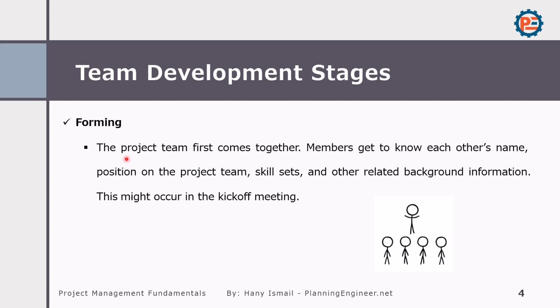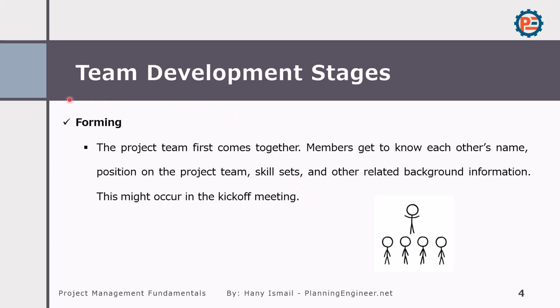Forming. The project team first comes together. Members get to know each other's names, positions on the project team, skill sets, and other related background information. This might occur in the kickoff meeting or at the beginning of the project. You might ask yourself why you need to understand the stages of team development. Let me tell you.